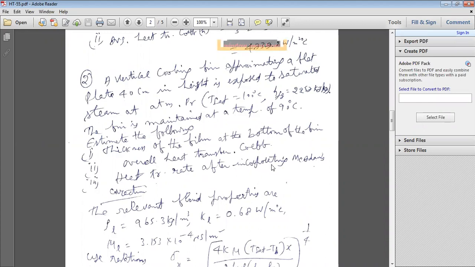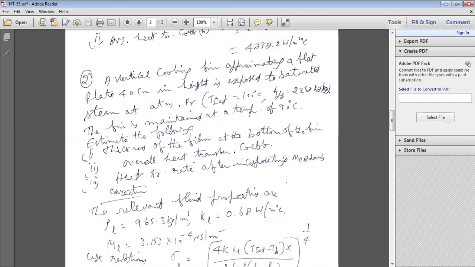But here, what does McAdams correction mean? After calculating heat transfer you have to add 20% more, because for condensation of vapors more heat will be liberated. That's why 20% more heat will be taken. That is known as McAdams correction.